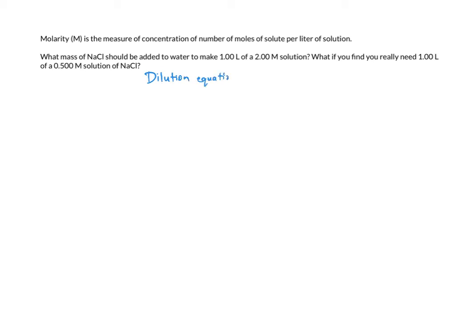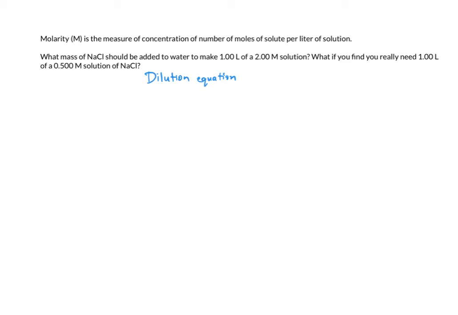And because we can dilute something by adding more solvent to it while keeping the number of moles of solute, like sodium chloride in this case, the same, then effectively all we're doing when we dilute something is changing concentration by changing volume.